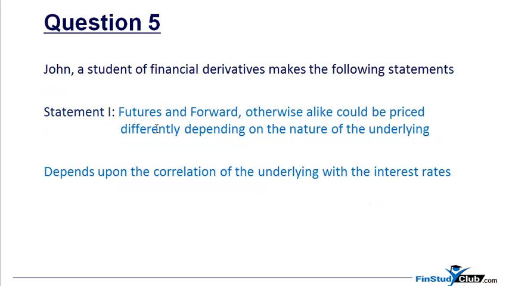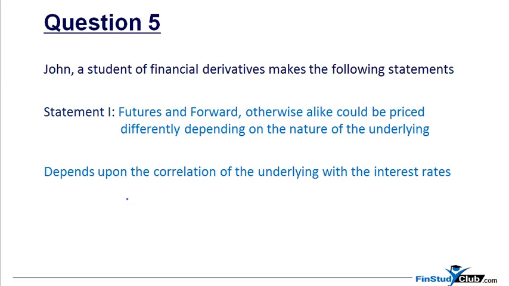So statement 1, futures and forwards otherwise alike could be priced differently depending on the nature of the underlying. Well, try and recall. If the underlying tends to have some kind of definite correlation with interest rates, that could throw up the possibility of futures and forward pricings being different. So how would it work?